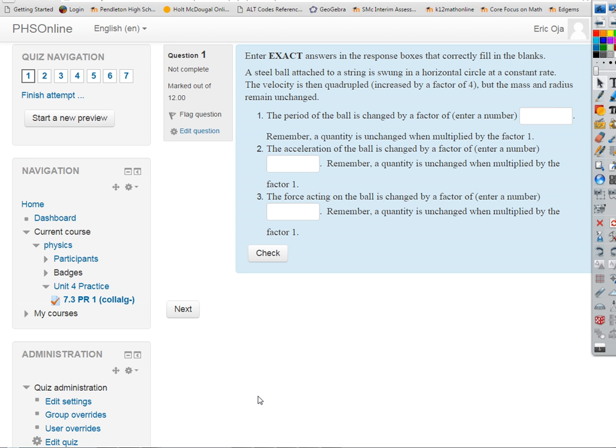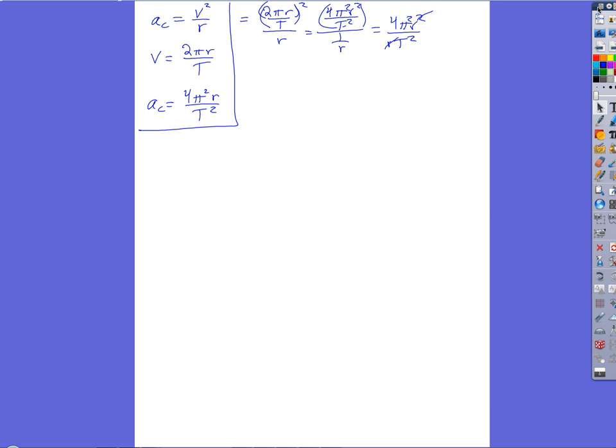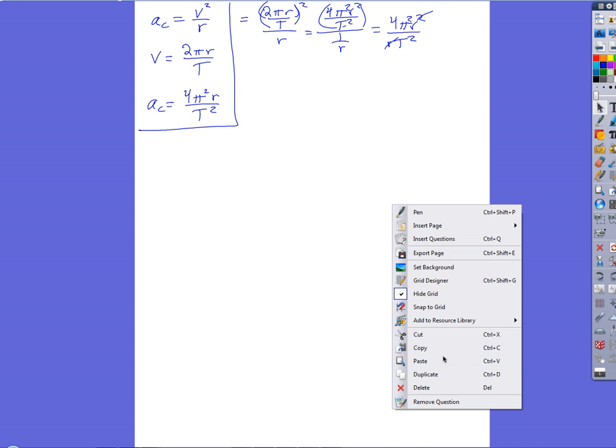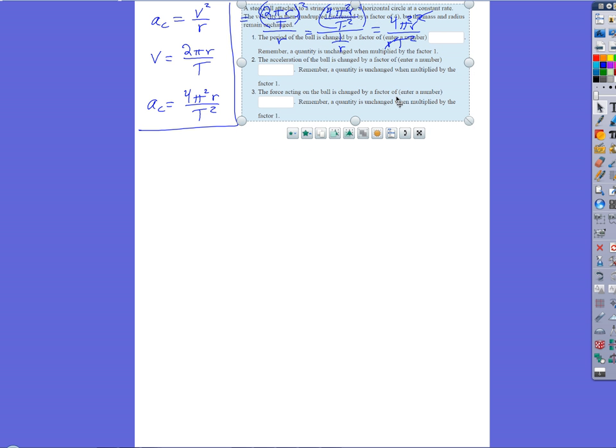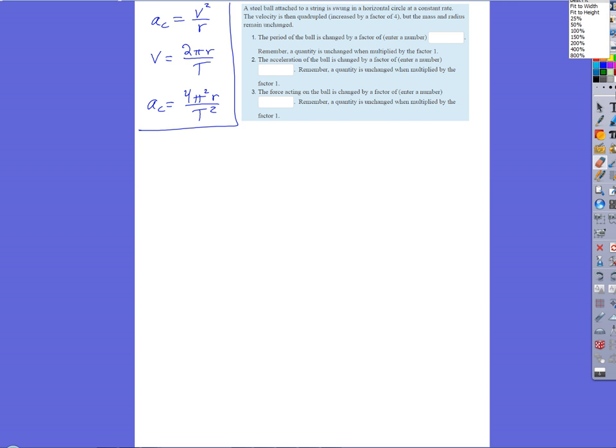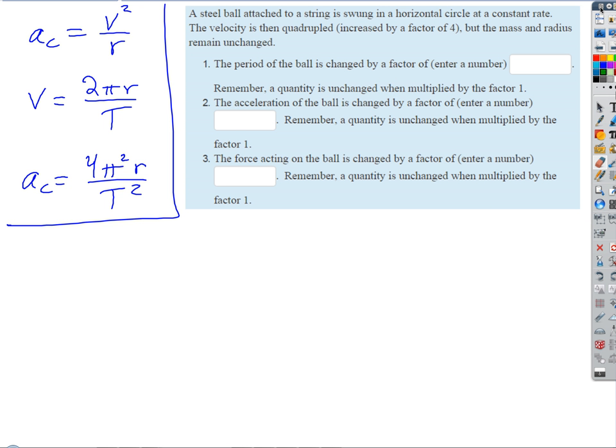Or find proportionalities, I should say. Okay, let's do constants in red and variables in green.